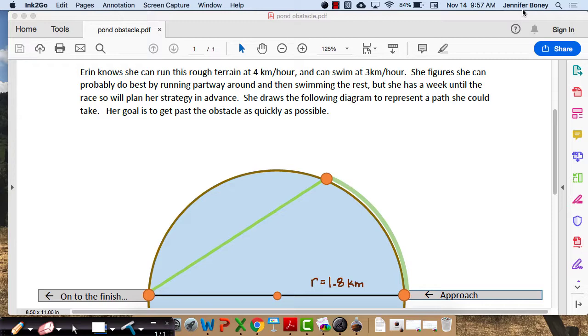Her goal is to get past the obstacle as quickly as possible. So get past something as quickly as possible means we're trying to minimize, and what quantity are we trying to minimize here? Time. So we want to minimize the amount of time that it takes. Even though that seems simple, it's really easy to see a problem and think, oh, distance, I'm going to write a formula for distance.